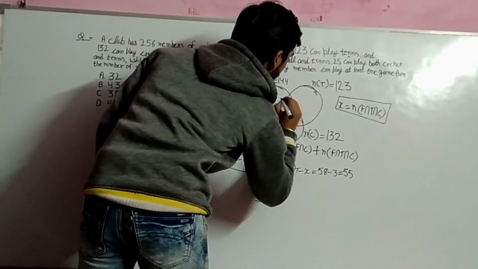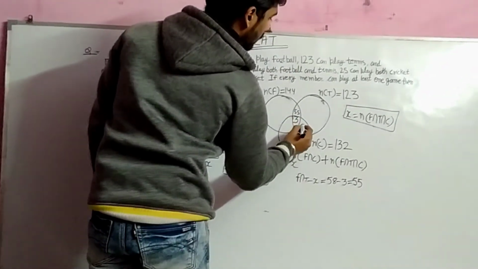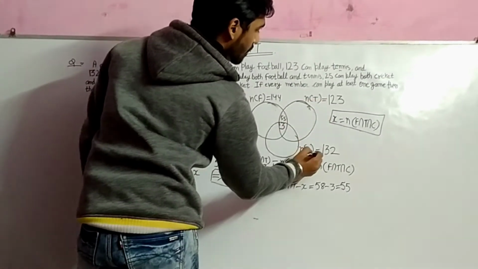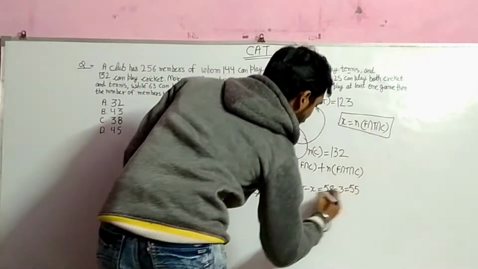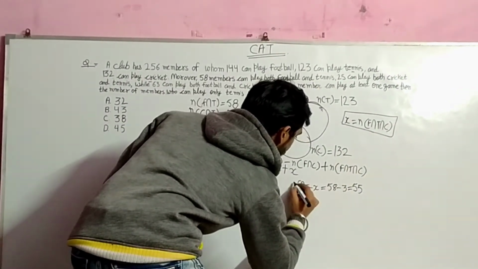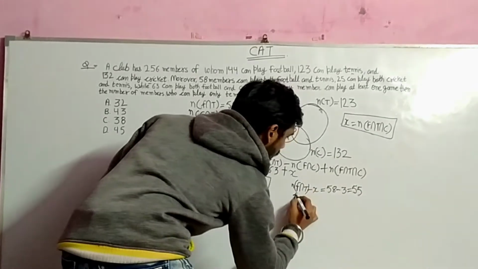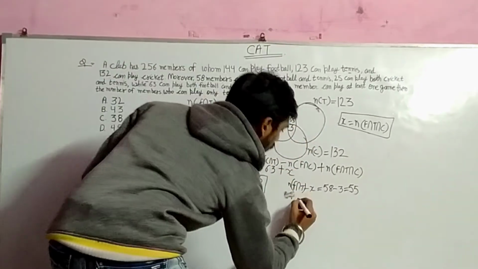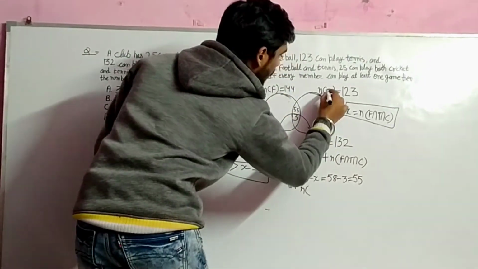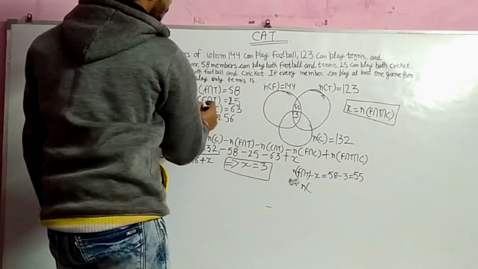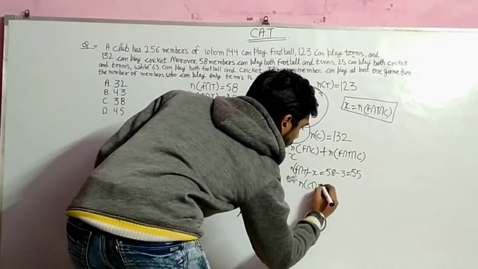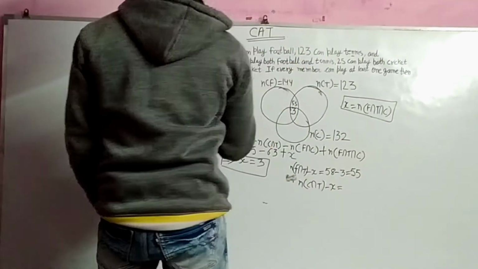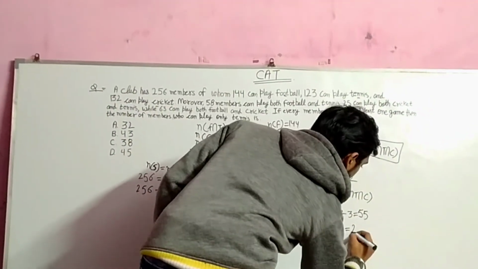And this region is the intersection of T and C minus X, which is 25 minus 3, which comes to 22.